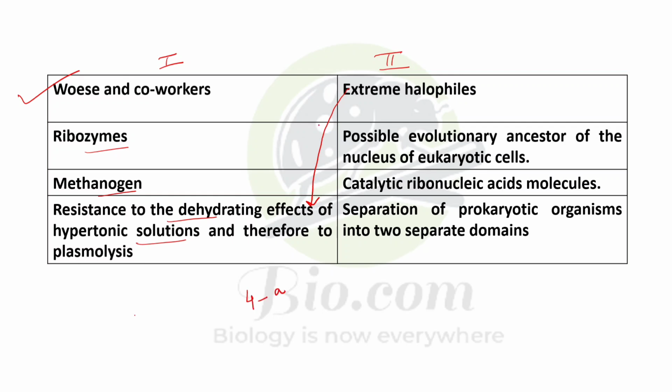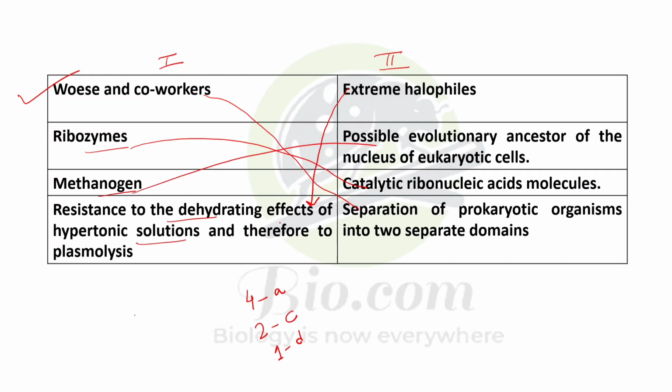Now ribozyme. As we all know, a ribozyme is a catalytic ribonucleic acid molecule. So which option does the second match with? With C. Now Woese and co-workers. Basically they characterized the prokaryotic organisms into two separate domains. It means first matches with 4, first is D. So one is left, methanogens, which have a link in tracing the evolutionary history.